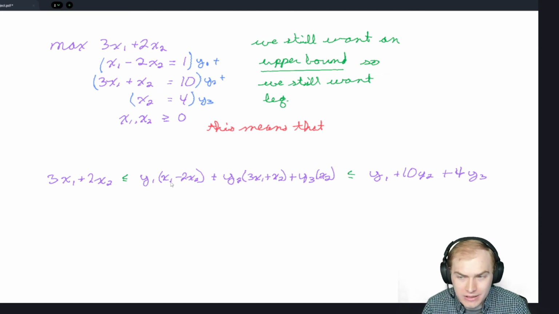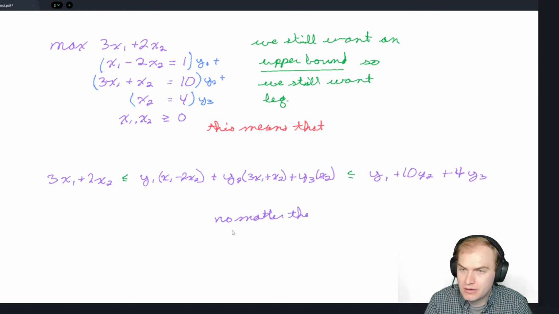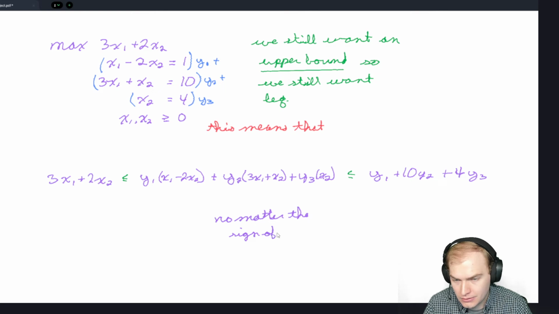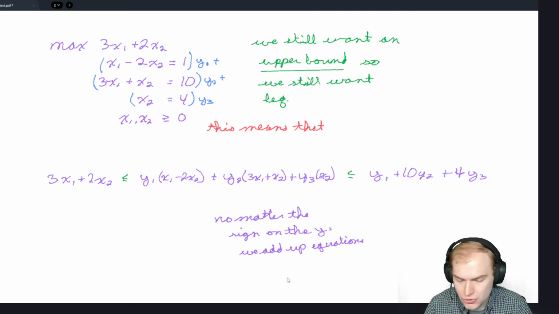Well, no matter what yi we use, no matter the parity or the sign on the y's, we're adding up equations, which we can do regardless of parity.